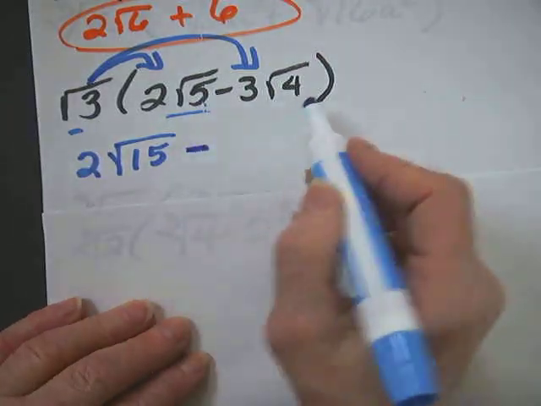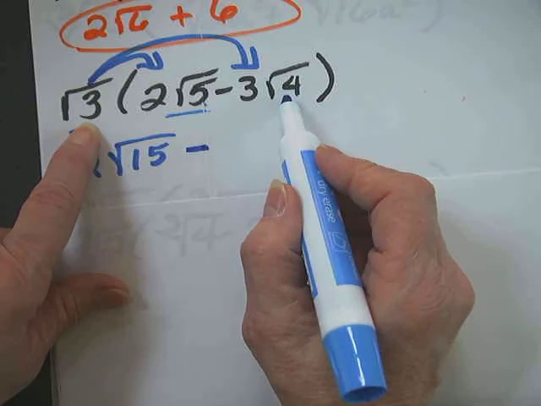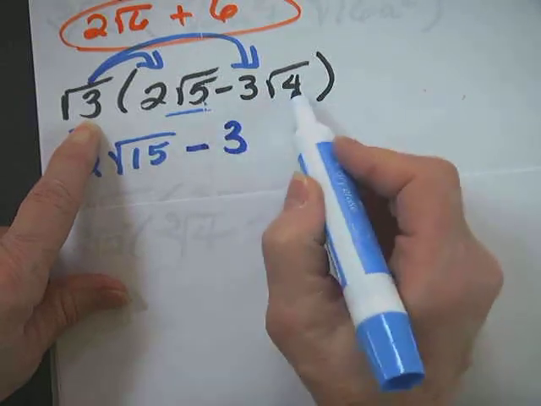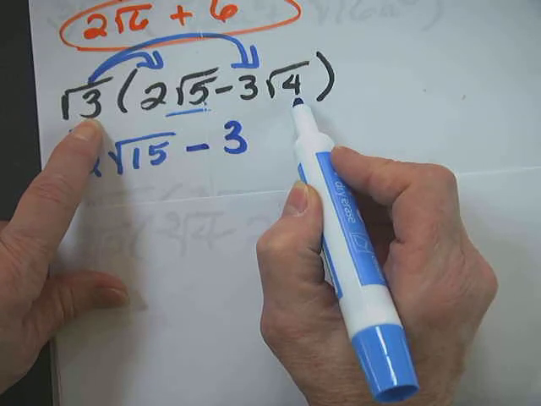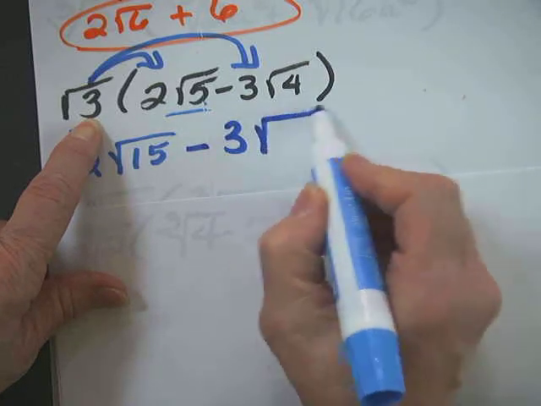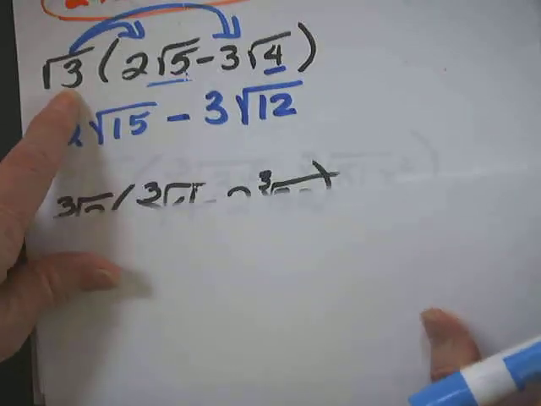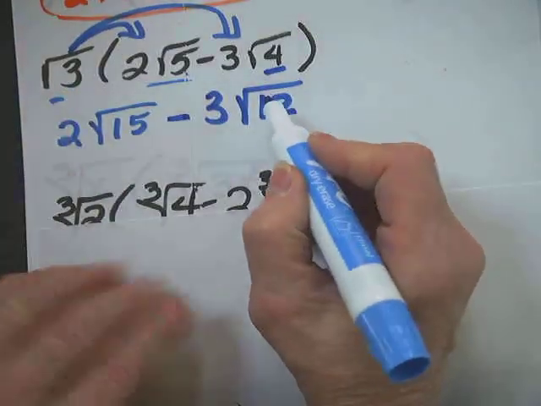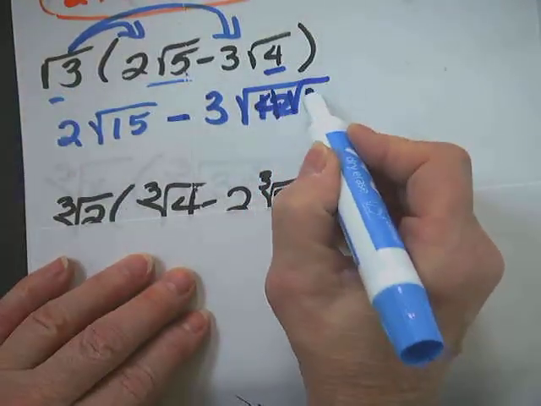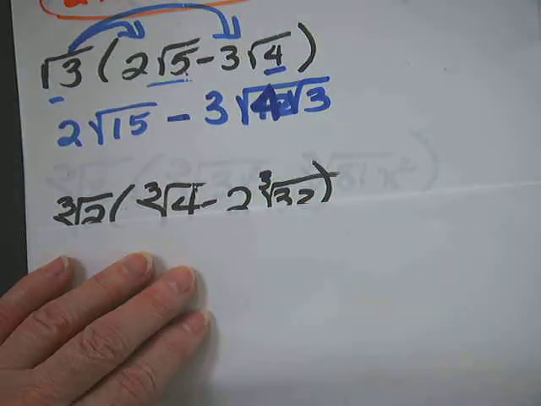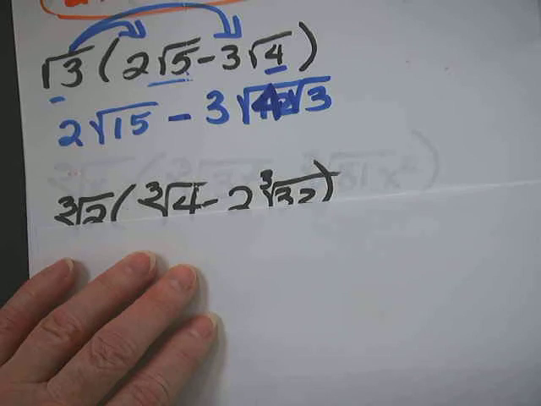Okay. This times this. We put the 2 in the front. Square root of 3 times square root of 5 is square root of 15. Do you remember that at all? Is that something we need to establish? Remember when we were simplifying them, you could multiply them together? Okay, we know that. Now we're going to do this times this. The 3 stays in the front.